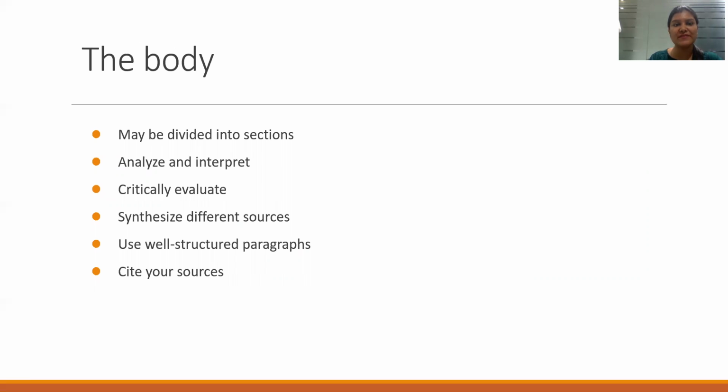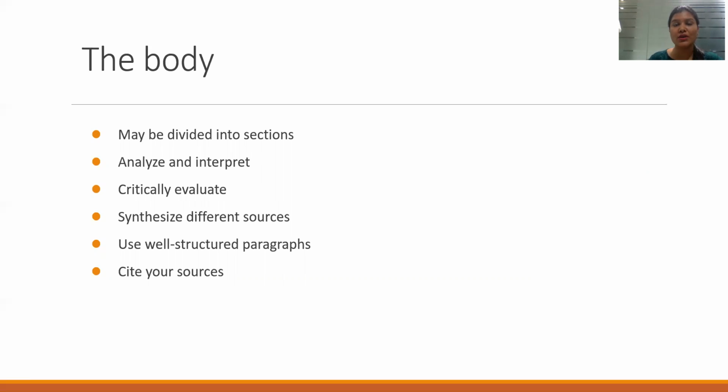Now coming on to the body. The body should be divided into subsections, and you should analyze and interpret. So you shouldn't blindly quote the authors. You should paraphrase it, and you should also interpret it in your own language, that what have you inferred from that literature which the author has written in his paper, that what is your understanding from that which has already been published. Then you should critically evaluate it.